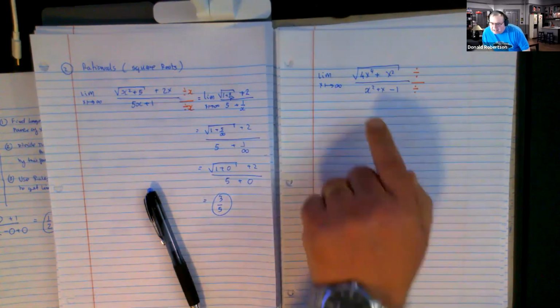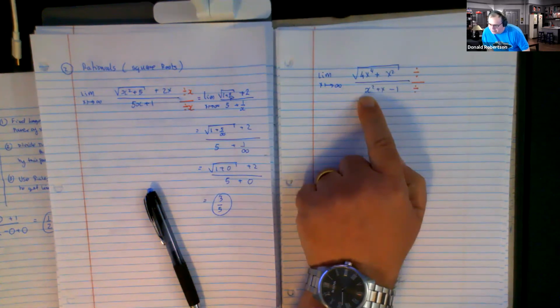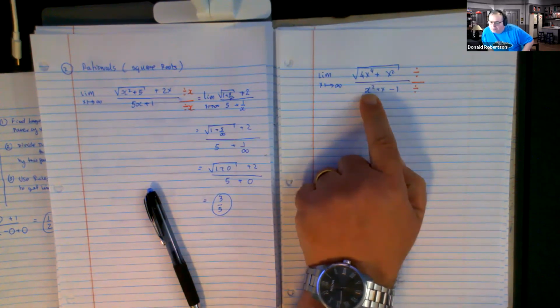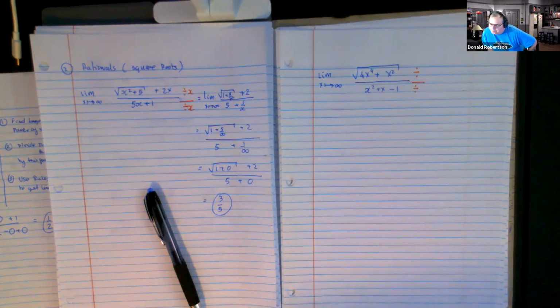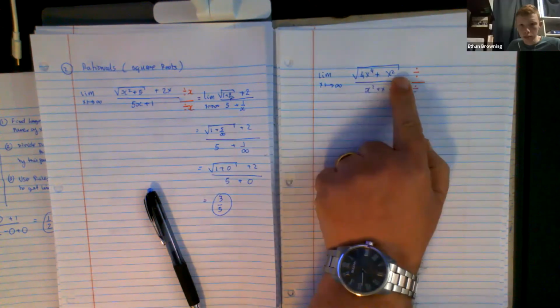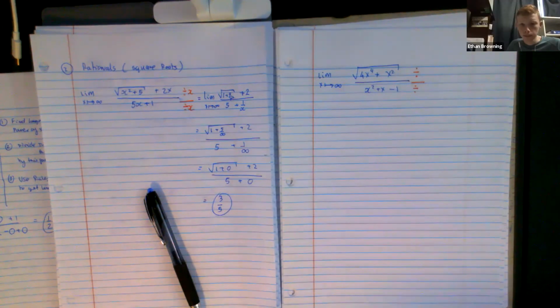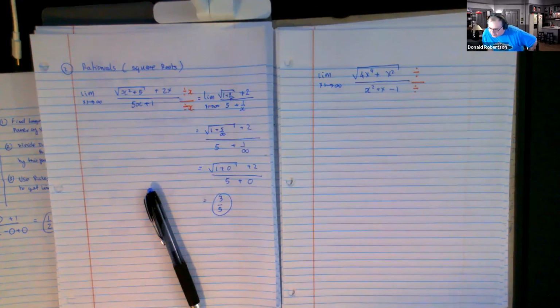Okay, x squared is definitely the biggest power of x in the bottom. That is easy, that's obvious. What is the power on the top here? X squared. Great. Isn't it really the square root of x to the 4, but the square root of x to the 4 is an x squared?